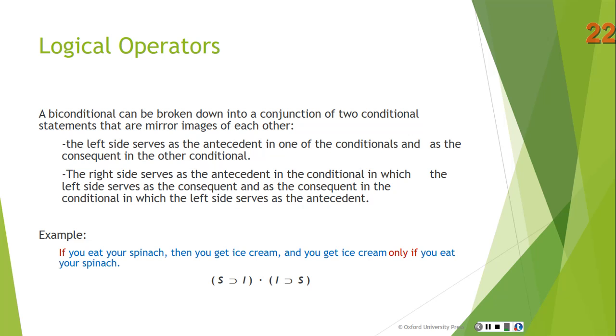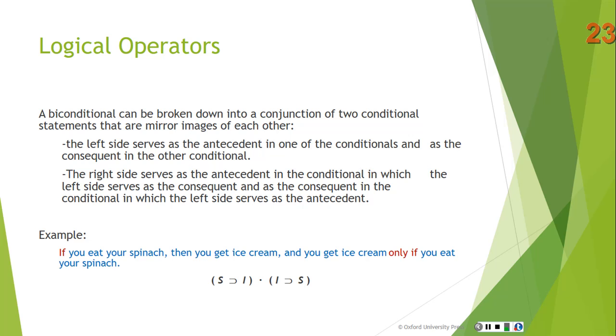Here's a little bit more on biconditional statements. They can be broken down into a conjunction of two conditionals, and these conditional statements are mirror images of each other. Let me say what I mean by a conjunction of two conditionals. Look at the example at the bottom.